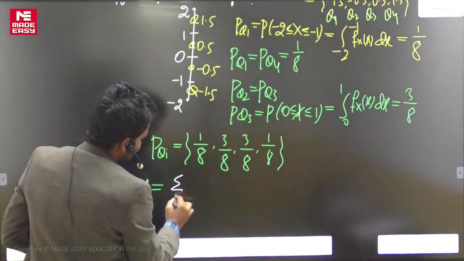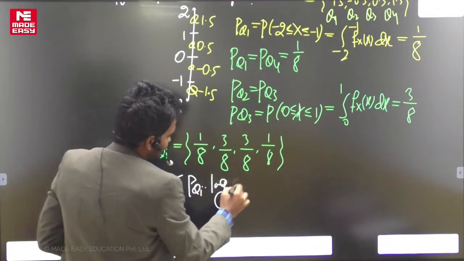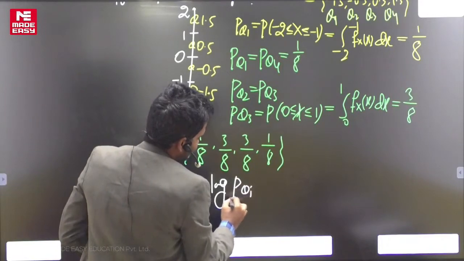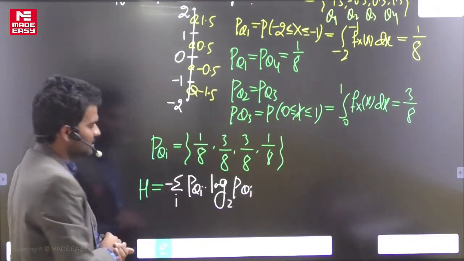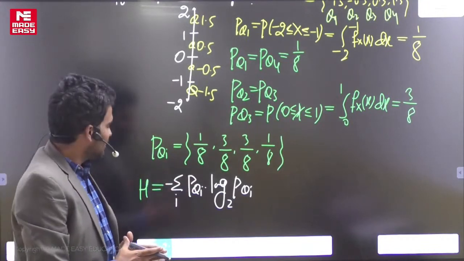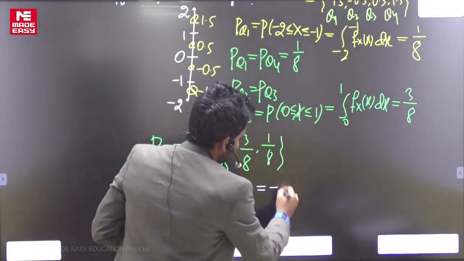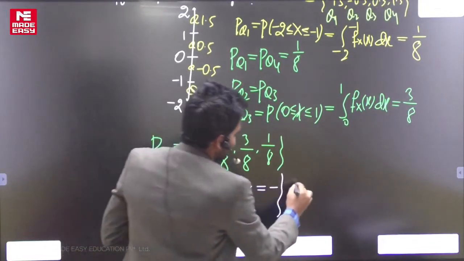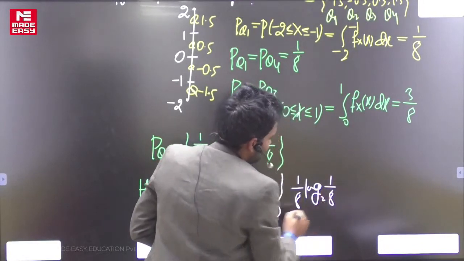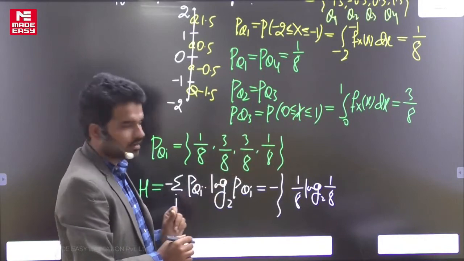That is the summation over i of P(Q_i) log P(Q_i) base 2, and of course with a minus sign. So this is how you can find entropy. If you substitute, this is 1/8 log 1/8 base 2, and this term is also 1/8 log 1/8 base 2.